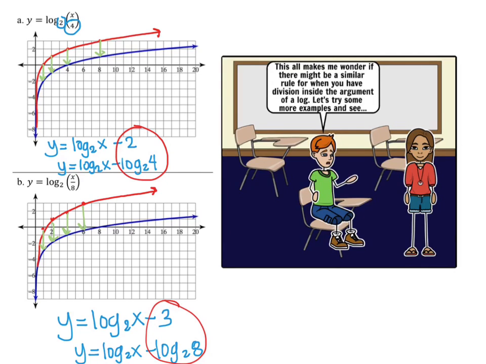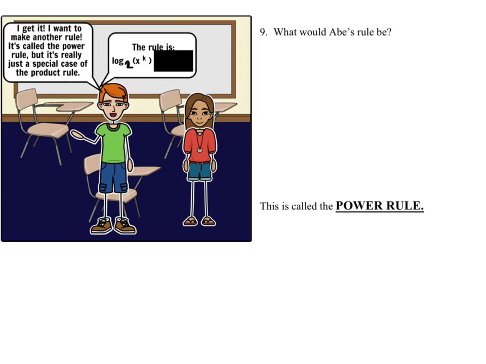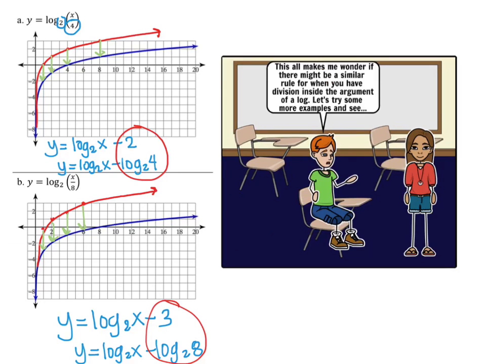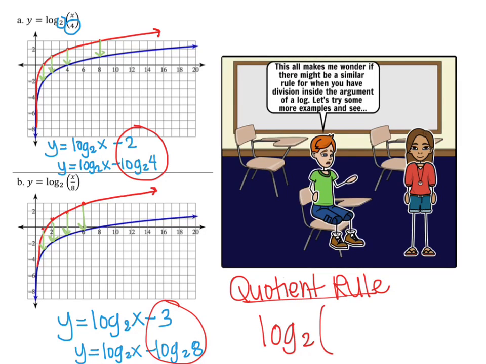So this leads us to what is called the quotient rule. The quotient rule tells me, I'm going to put this right here, that if I am dividing in a log, I can rewrite that as 2 logs that are subtracted.